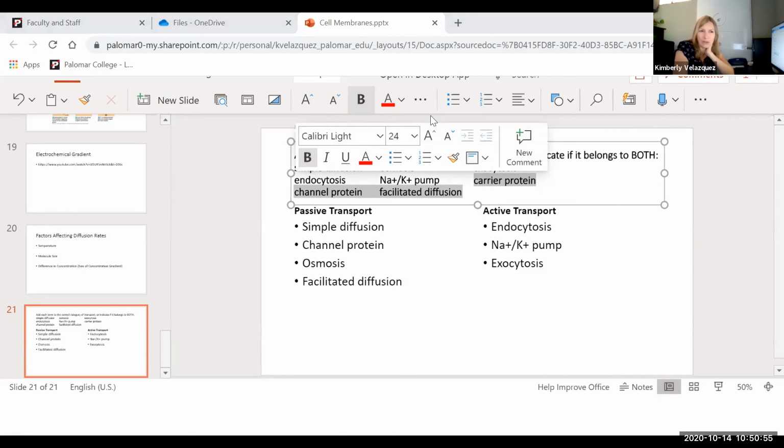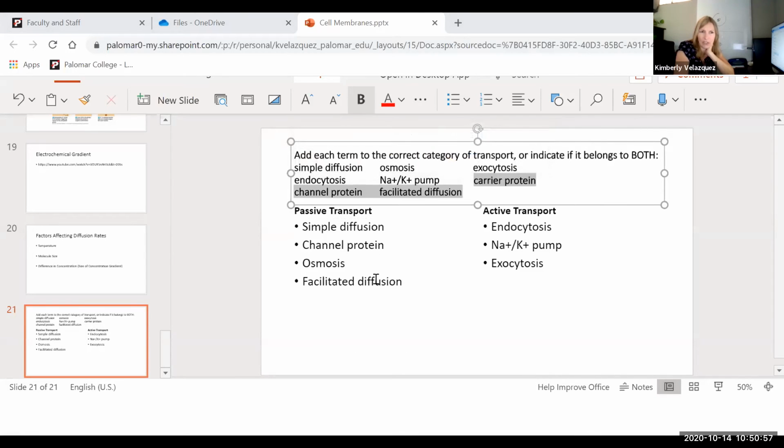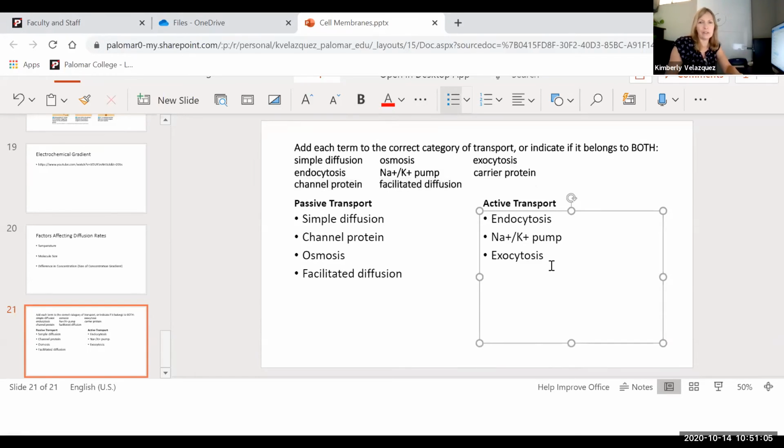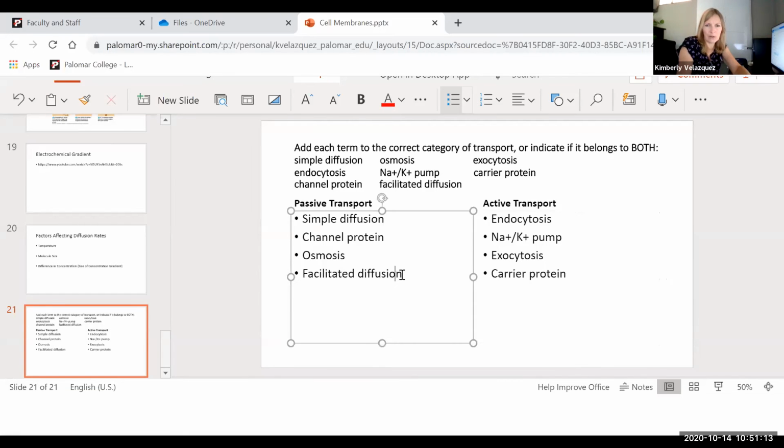Okay, so we can use a carrier protein in passive transport to go from high to low, but we can also use a carrier protein in active transport. And in fact, that is the main way that active transport occurs. So carrier protein. Sorry, I'm so bad at typing. My computer's at such a weird angle that I just can't even reach my keyboard. The carrier protein would go in both categories.